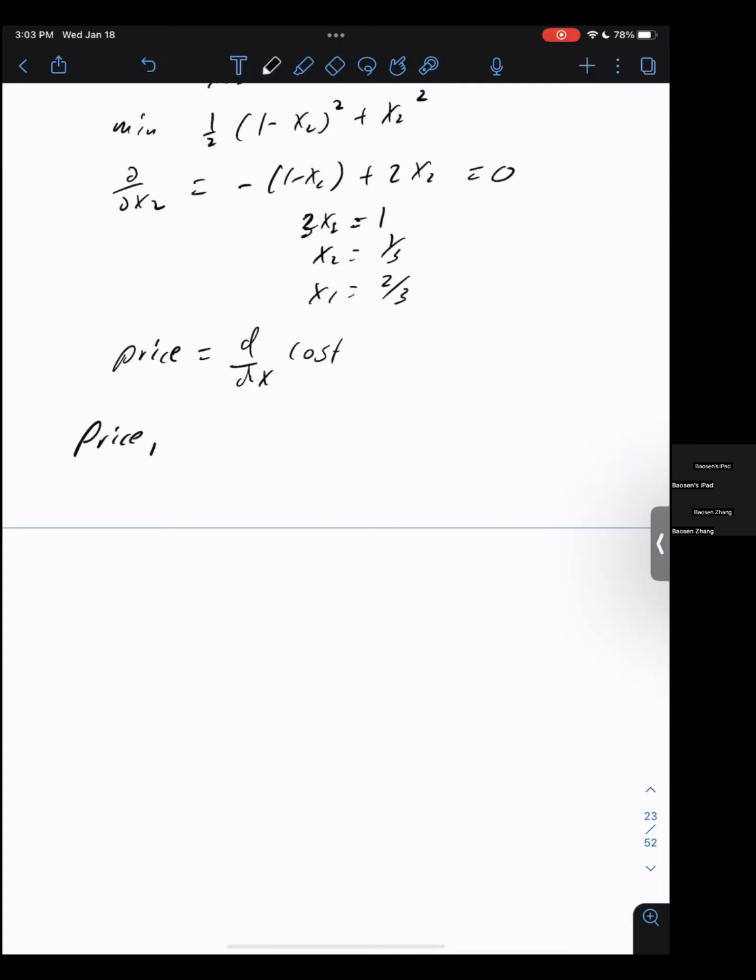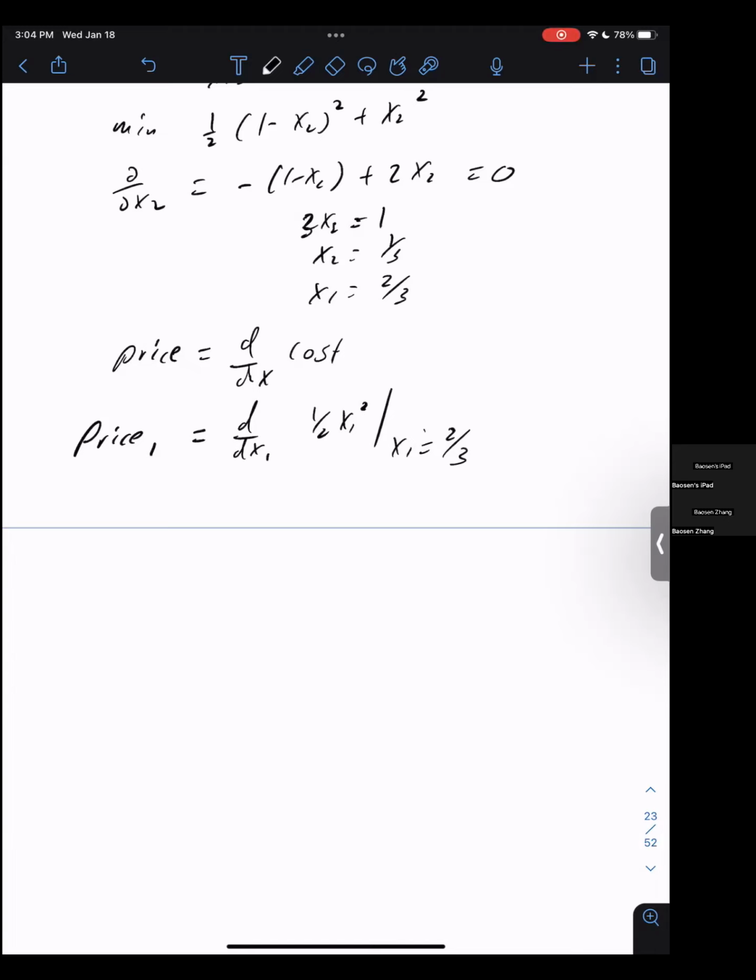Price of 1, this is the derivative of 1/2 x1 squared, evaluated at x1 equals 2/3. So I understand what this is doing. I have a cost of 1/2 x1 squared, I'm generating 2/3, and I want to know what my marginal price is at this point. Is everybody clear with what this equation is trying to do?